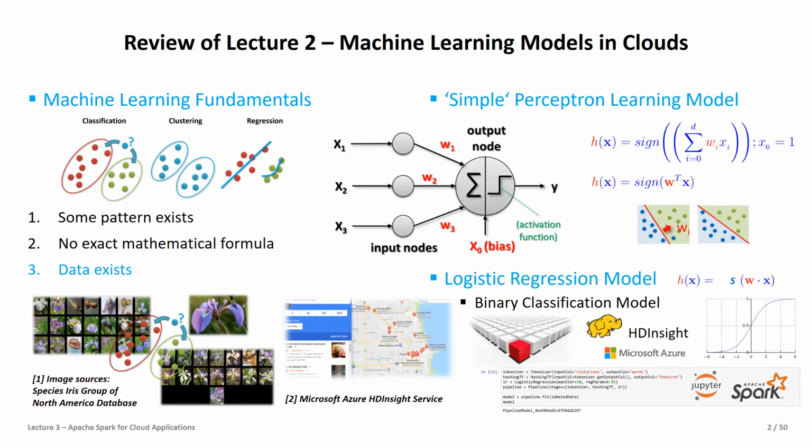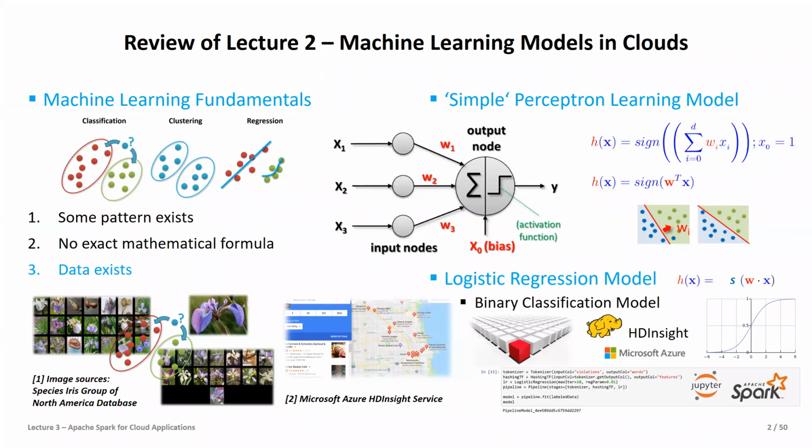Then we looked at some of the earliest machine learning models you can find. This is interesting because it is still fueling neural networks today in a more advanced fashion, of course. Here you see a neuron that was developed in the 50s, called the simple perceptron model.